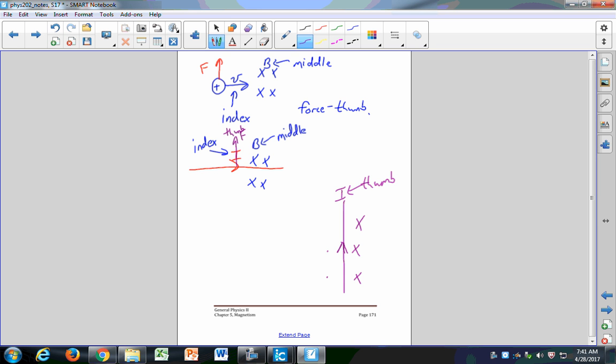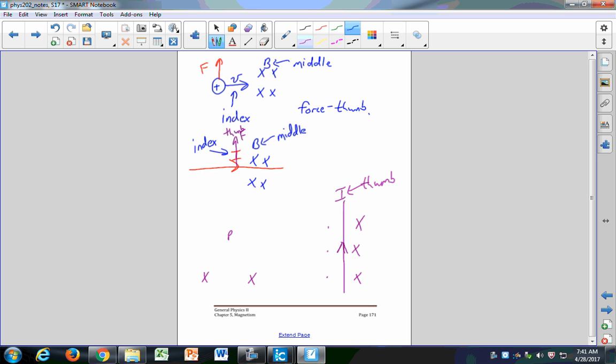We had some problems in the concept test, which is online. It's on the website, where, for example, we had two wires that look like this, and I ask you what is the net magnetic field, say at this point P, and you would find out what is the magnetic field surrounding each wire.